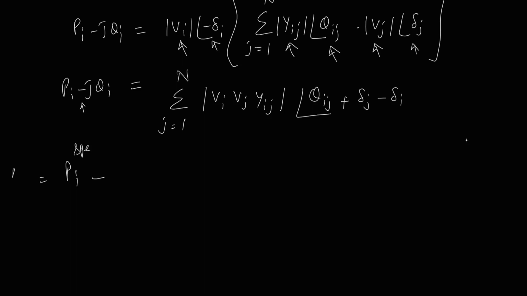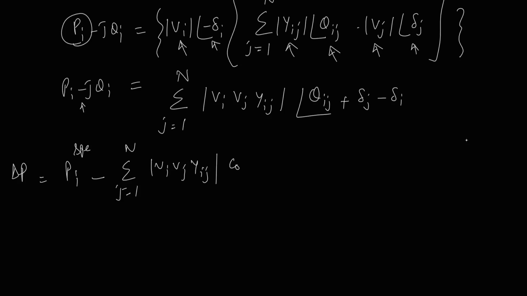Now I am talking about the power mismatch: Pi is the specified quantity and the real part of this one is the calculated quantity. So I am writing here summation j equals 1 to n of Vi Vj Yij cos of (theta ij plus delta j minus delta i) as the calculated quantity, right?